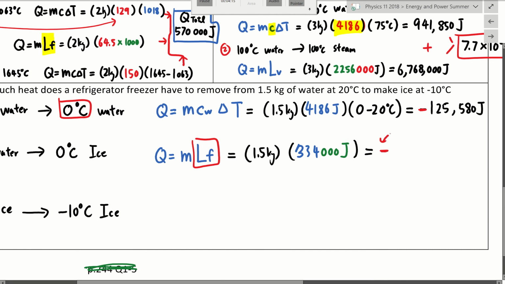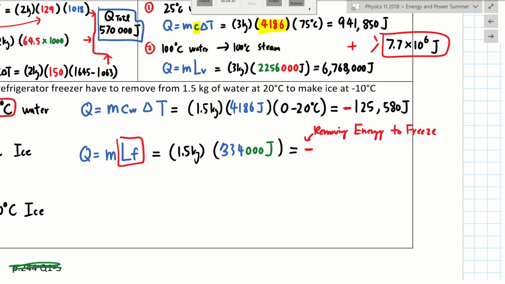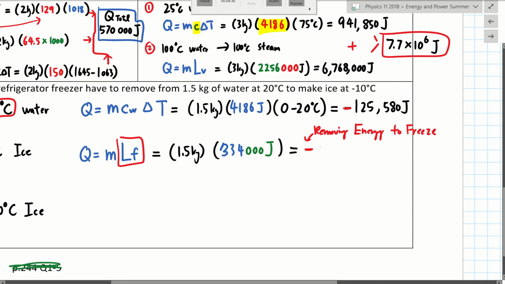You're removing energy in order to freeze something, so you put a negative in front. Now, if you want to melt something, you add energy, so that would be a positive value. But you're freezing something, so you're removing energy from the system, so it should be negative. So even though the number doesn't have a negative, we add one to it. So about negative 500,000.